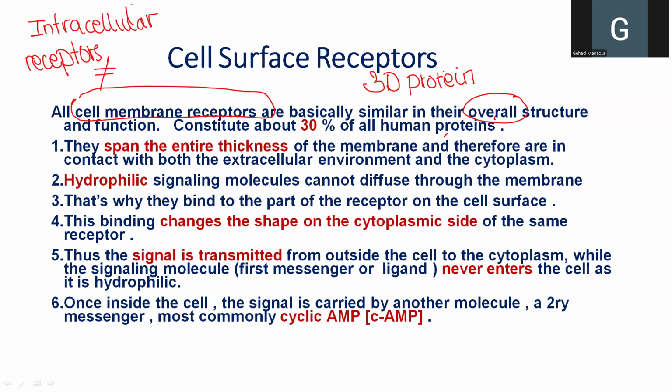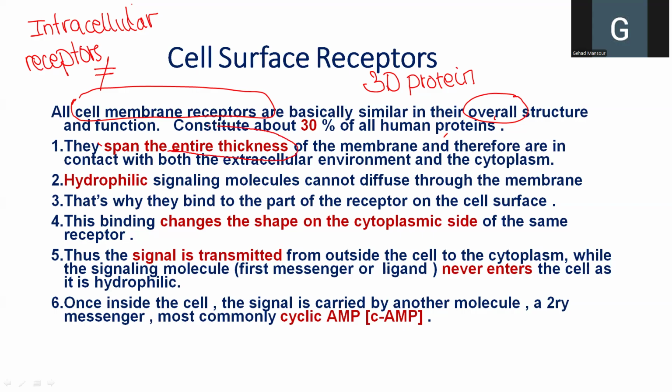And you might be amazed to know that 30% of the proteins in our human body are not present in the muscles, but in the receptors. In order for a protein to be a cell surface receptor, it should span the entire thickness of the membrane.